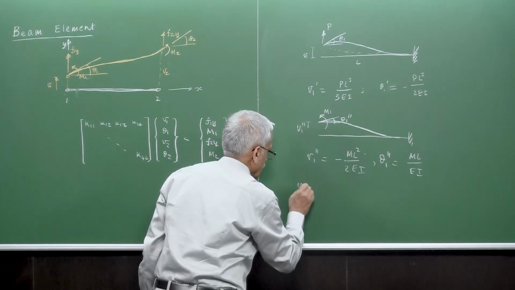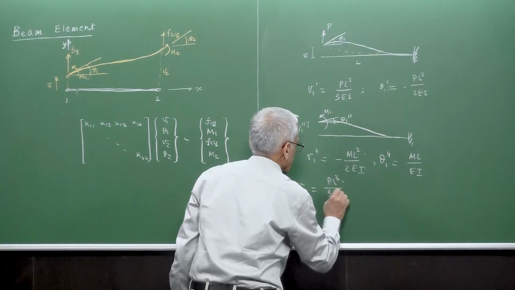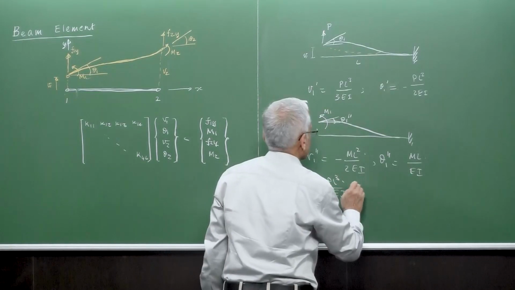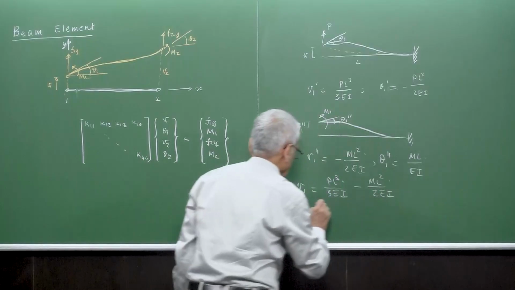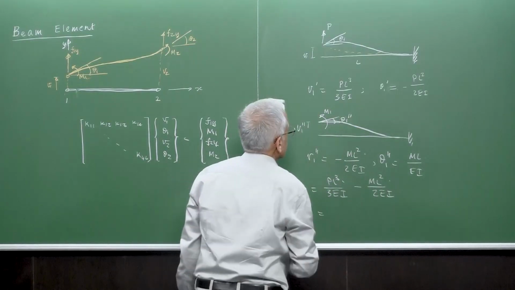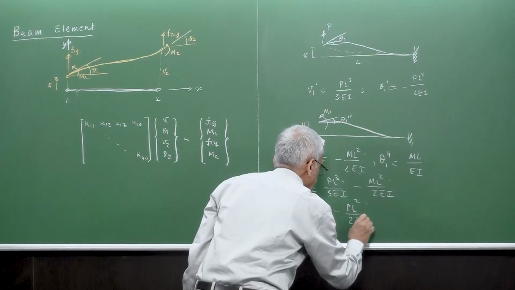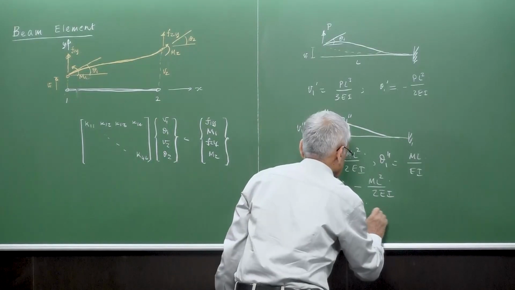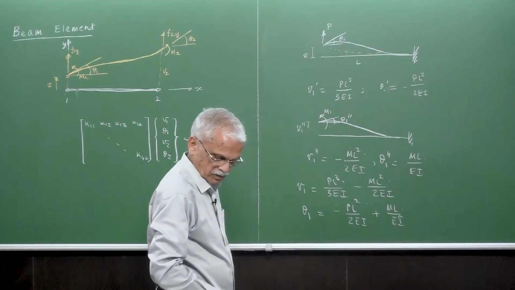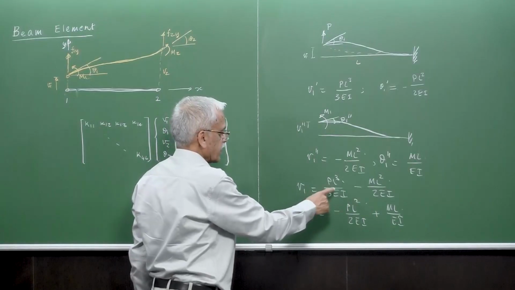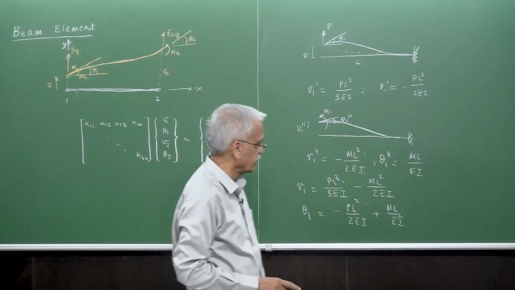So under the action of both, we have... so this is what we have under the combined action of P and M. So this is the deflection and this is the slope which you have here, right?